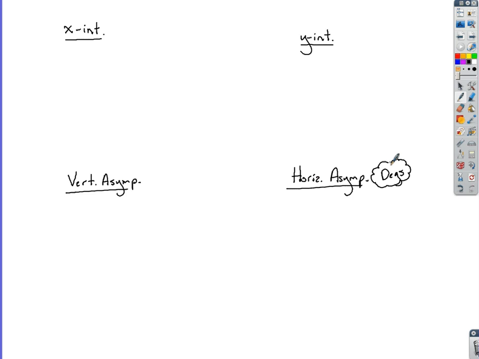If we start with the x-intercepts here, recall x-intercepts occur when y equals 0. So everything we do on this page here, we go back and we use the original function. If I use the original function, I replace y with 0. 0 would equal 1 over x squared minus 9.